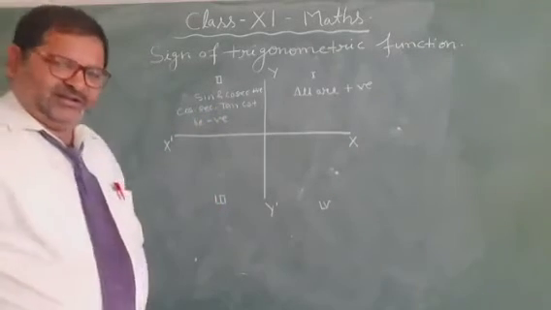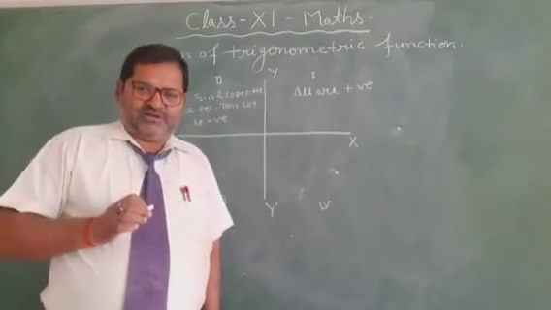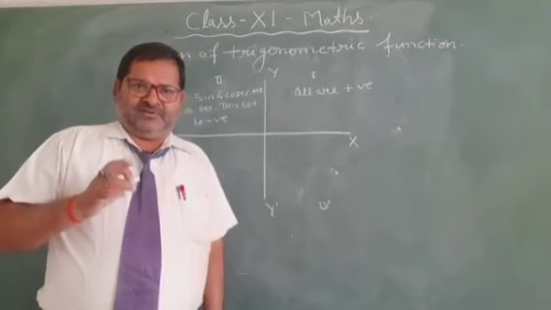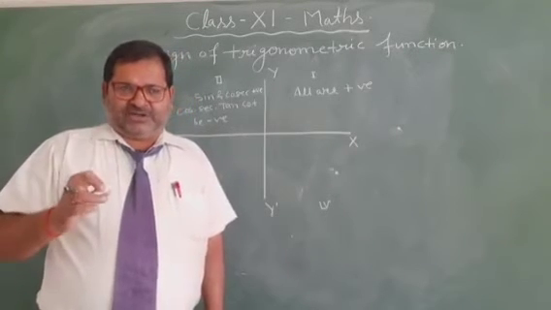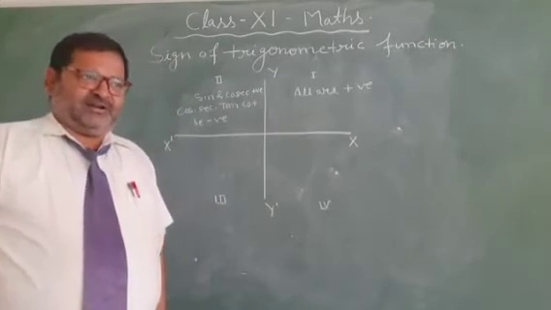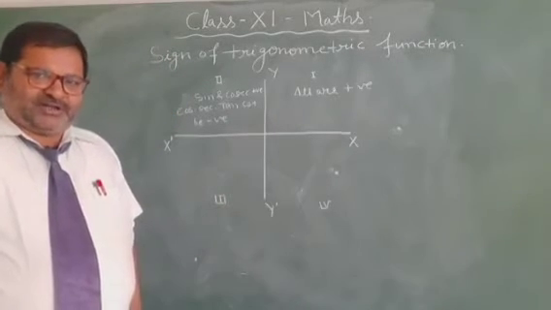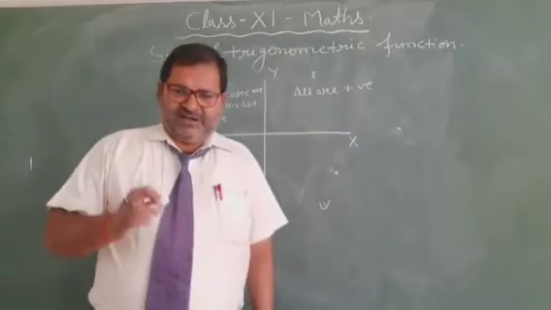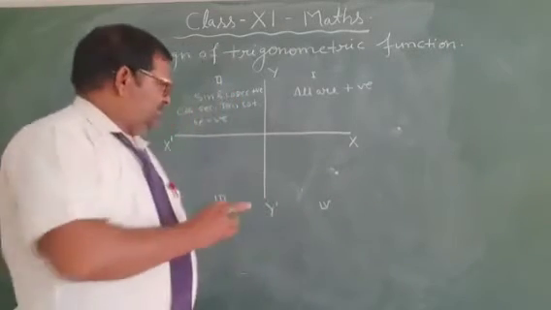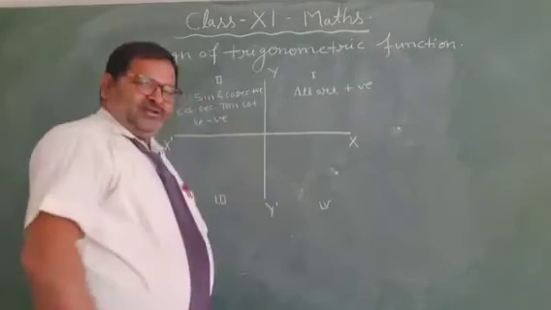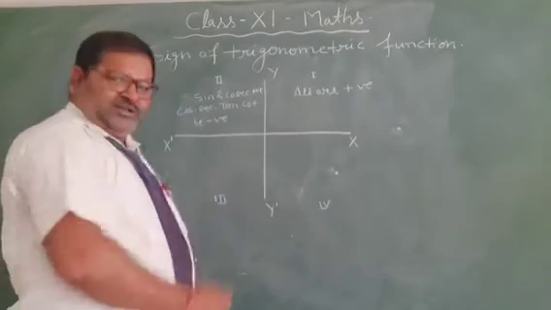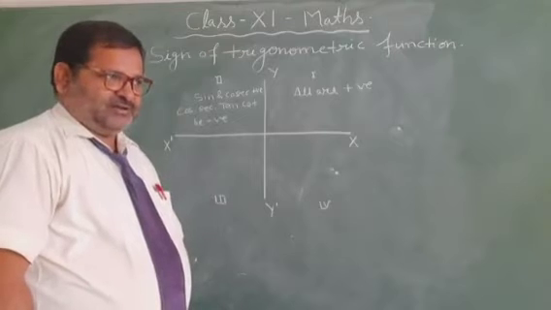The sign convention of sin and cosec are positive in the second quadrant, but the rest are negative in the second quadrant. And now we go in the third quadrant.